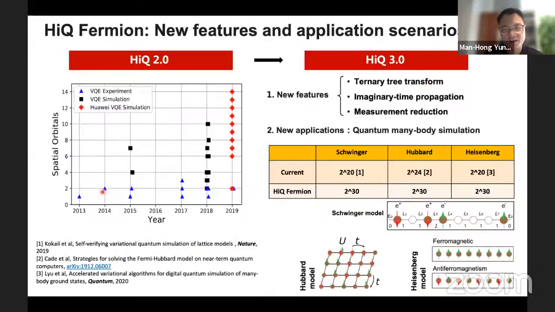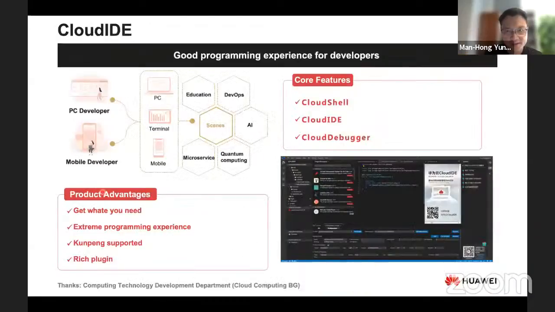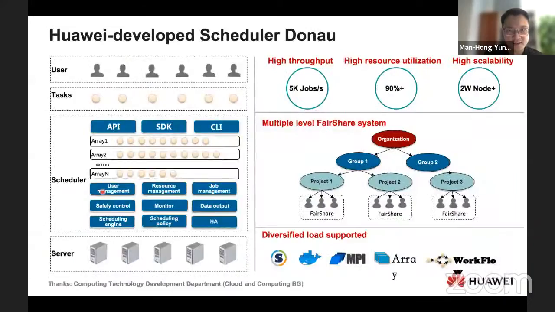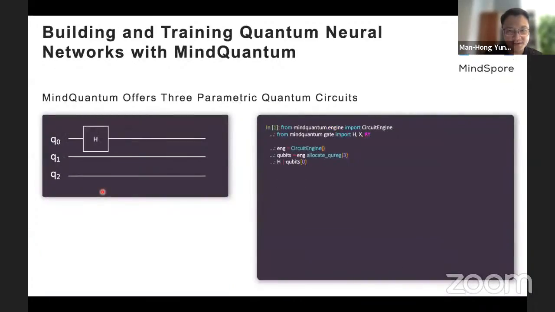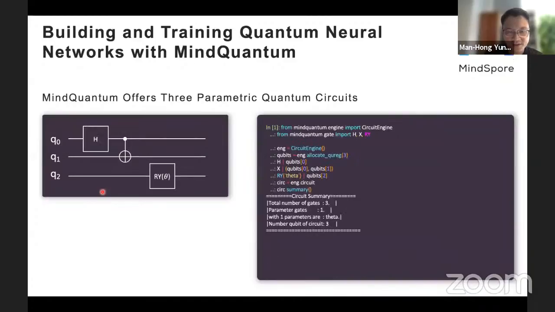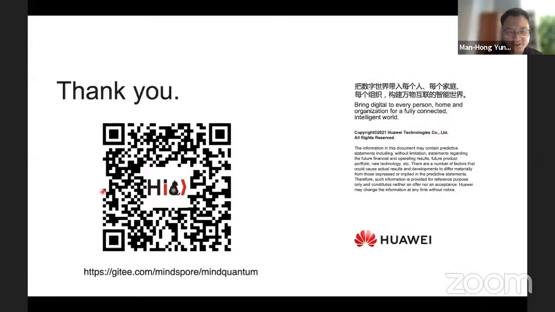But you're welcome to go to our Huawei website. We also have this open source software, so you can go to Git, where we put all our software.